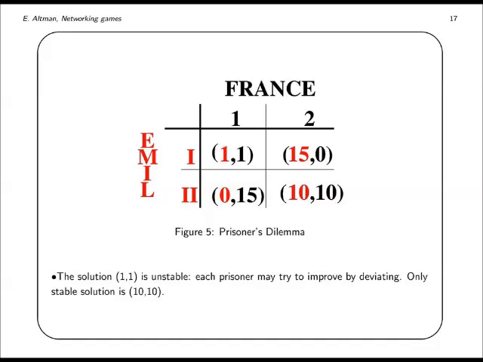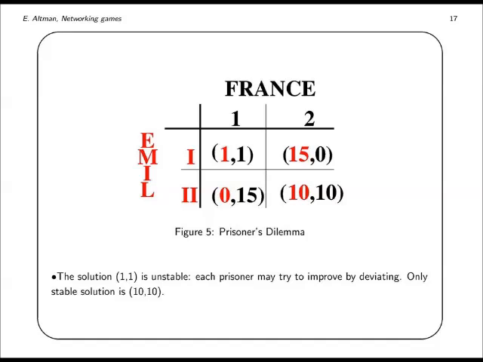We represent this story with a matrix. The red entries in the matrix are the cost for Emile in terms of years in prison, and the black ones are those for France. The key issue here is to find stable solutions. Solution 1,1 is unstable, because each one of the two persons may try to improve it by deviating.